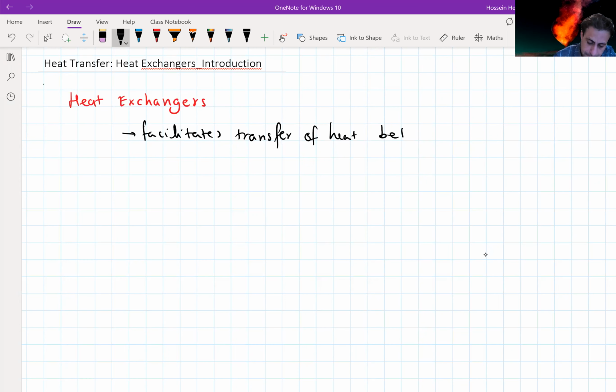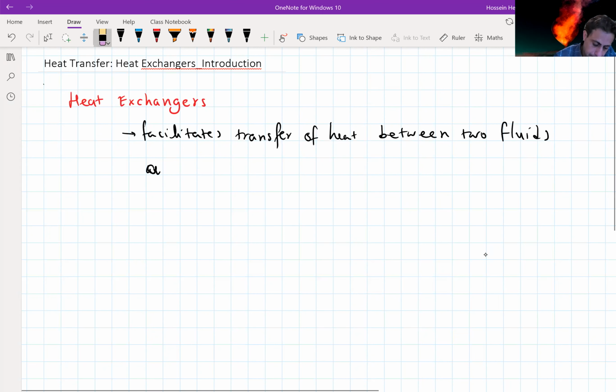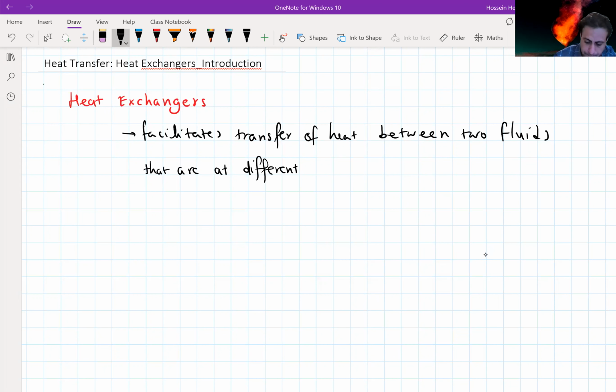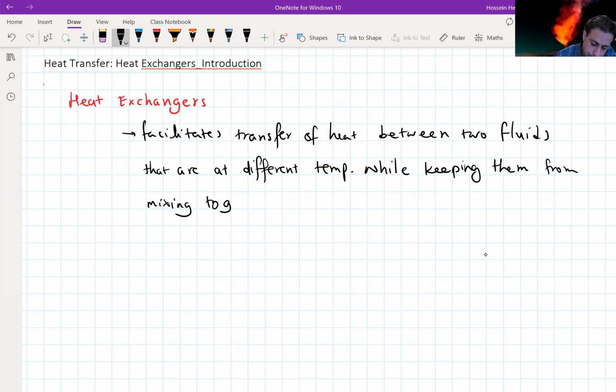Transfer of heat to fluids. Such devices have wide applications.